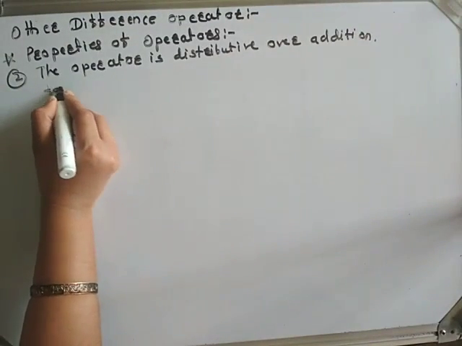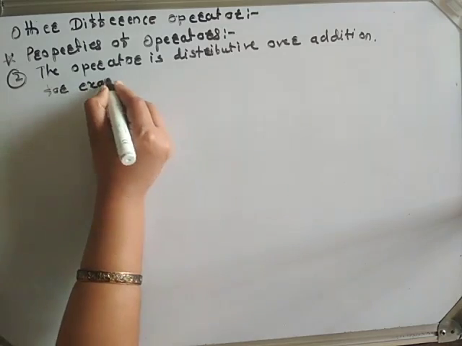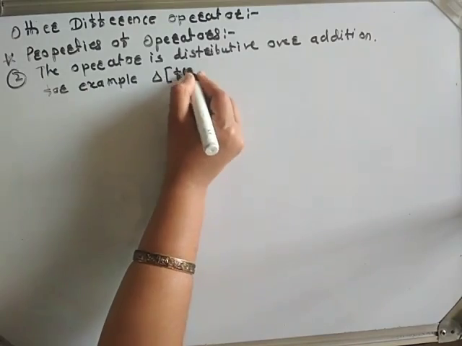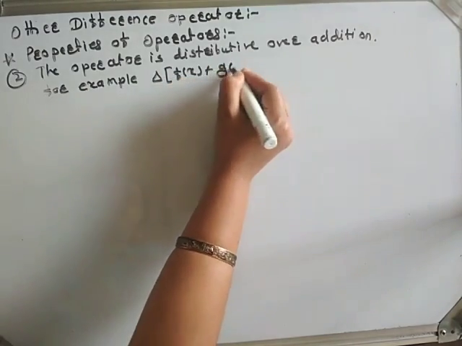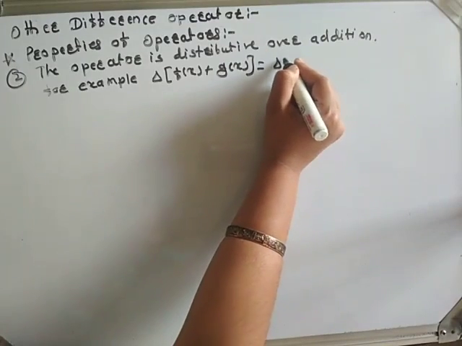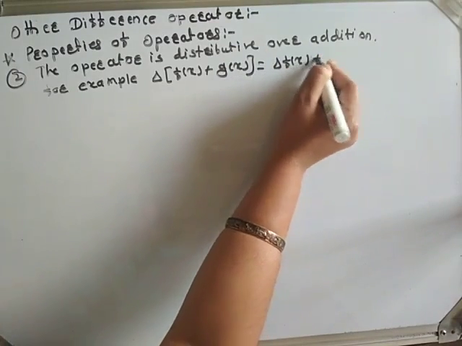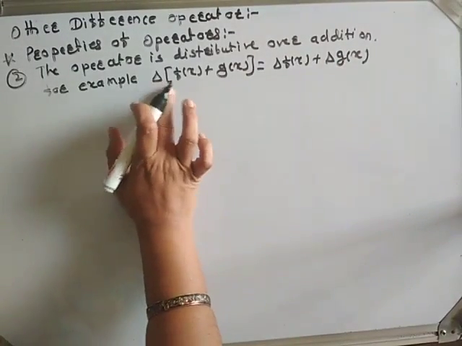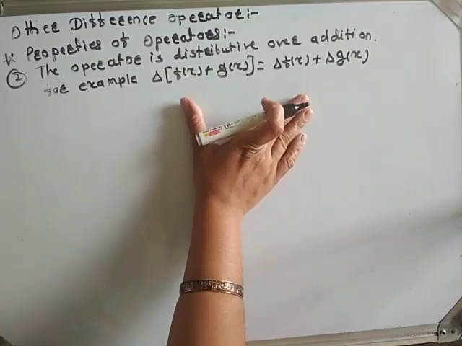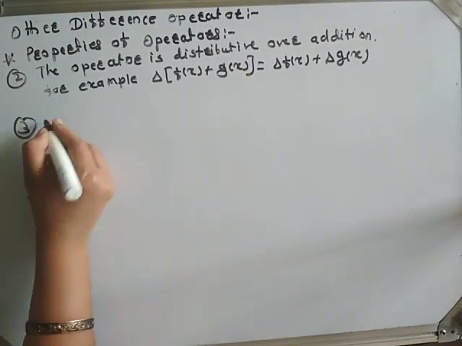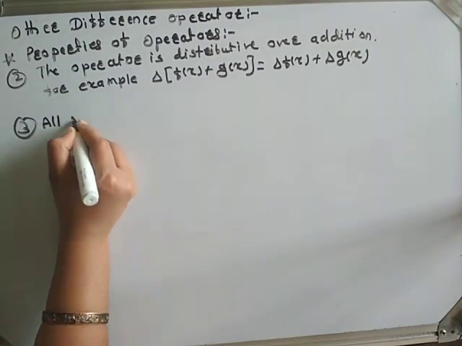For example, delta of f of x plus g of x can be written as delta of f of x plus delta of g of x. Therefore, delta operator is distributive over addition. Okay.